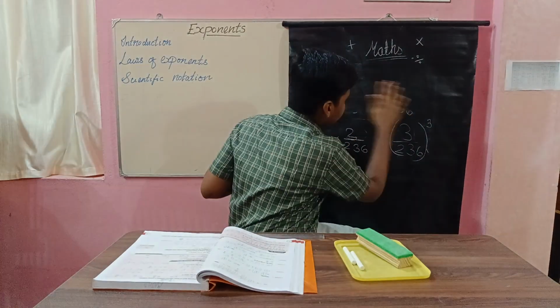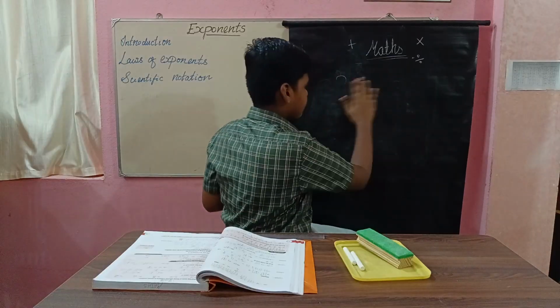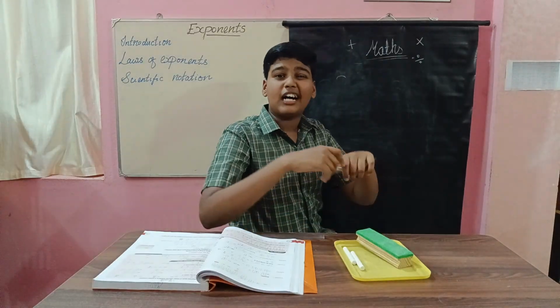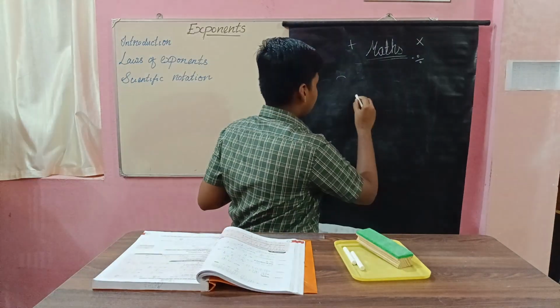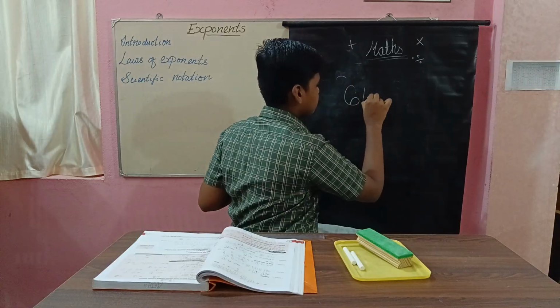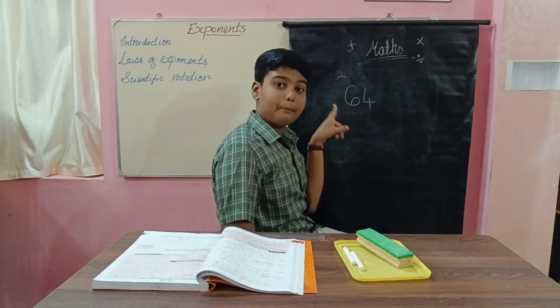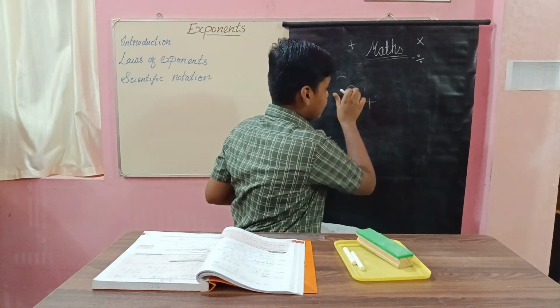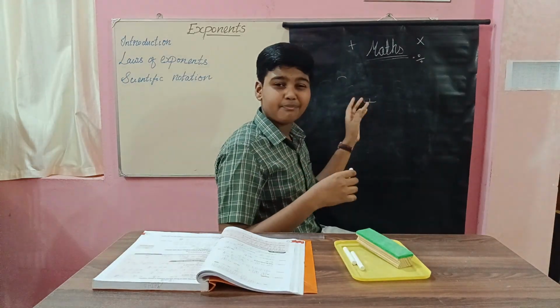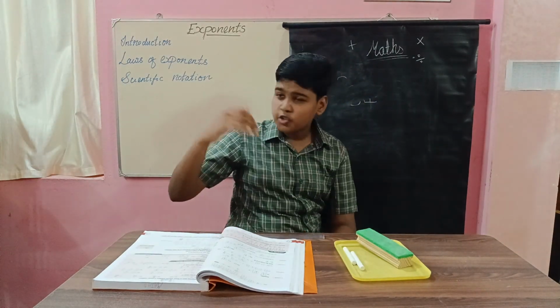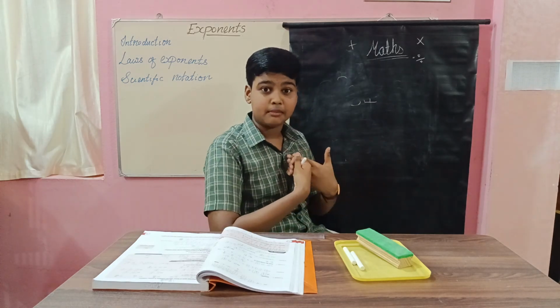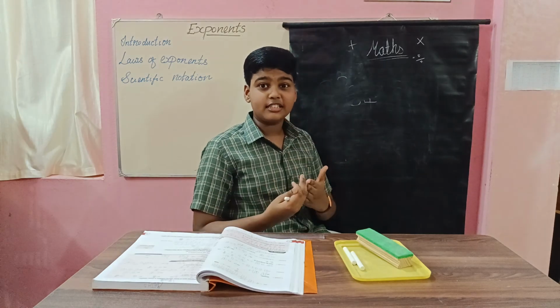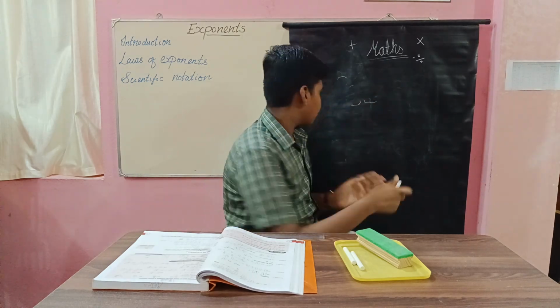Like this, we can do many sums. But here comes the common doubt with many people. If you have a number like 64, how can you write this in power notation? For this, we need to learn one type of solving, a brother, a cousin of LCM.